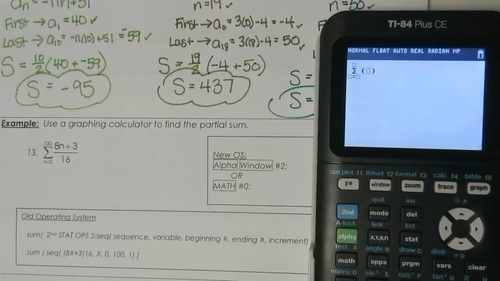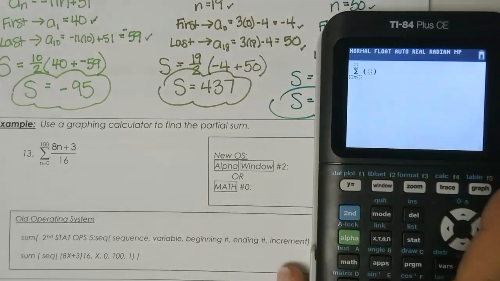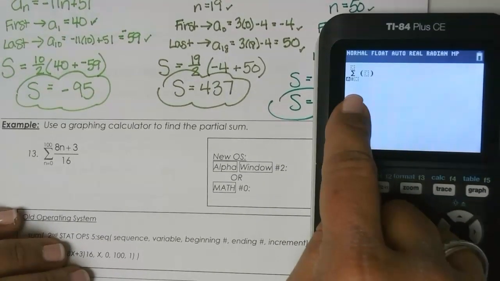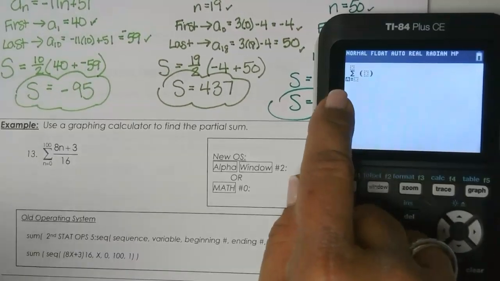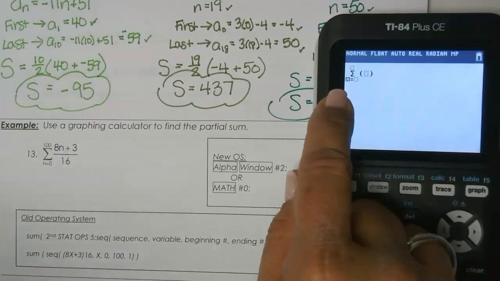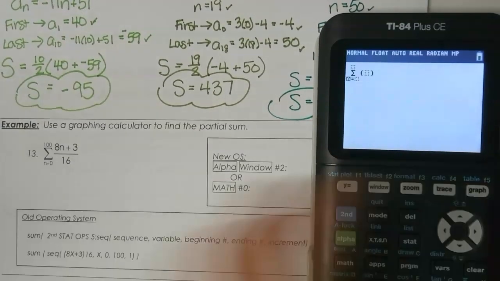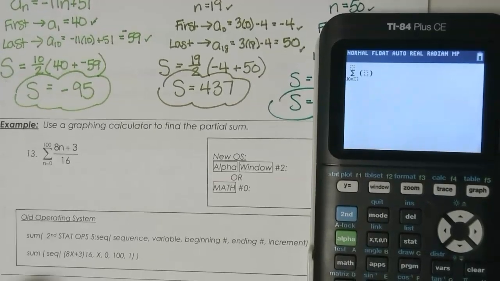And it's on these new operating systems that things are super handy, okay? Because legit, all we're going to do is type this into the calculator. The first thing that we need is the index of summation, the variable. And I know that this has n, but because it's in function mode, if I push that, it's going to look like x, and that's fine.